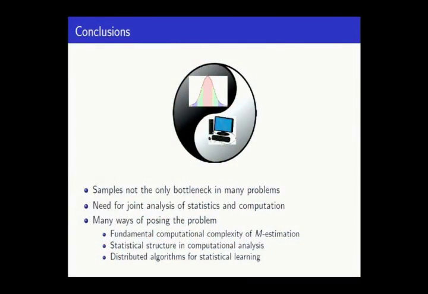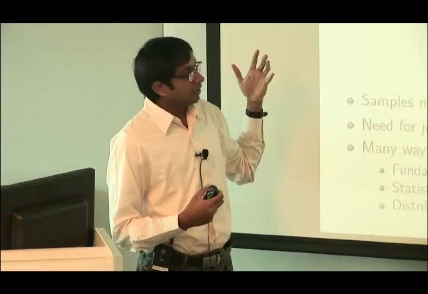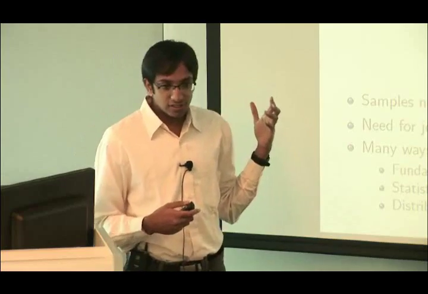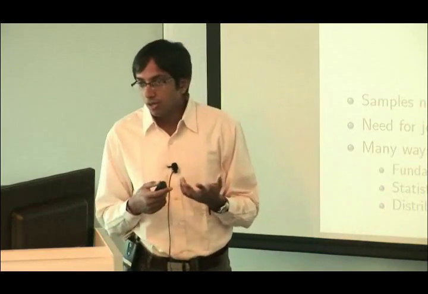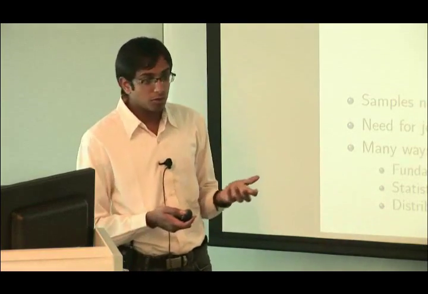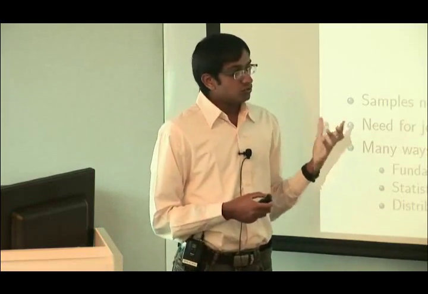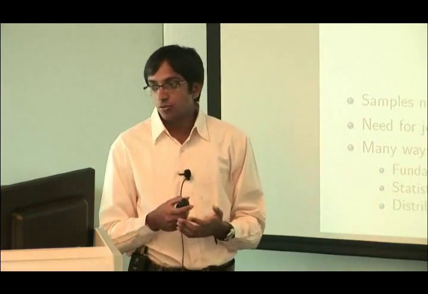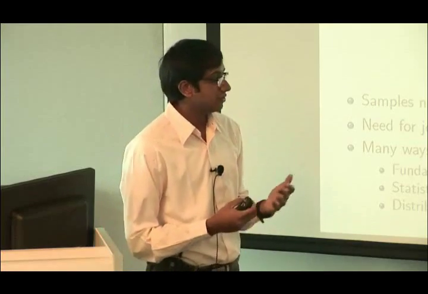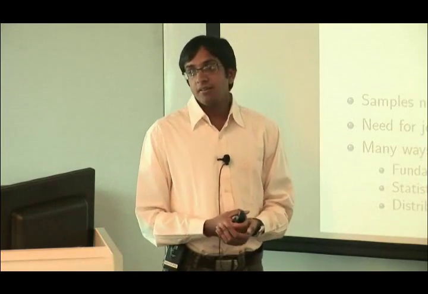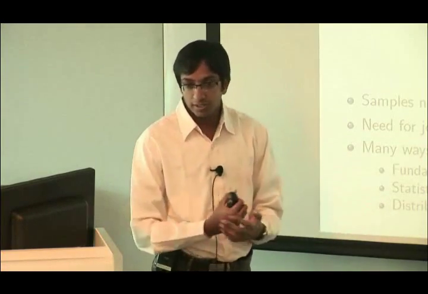Okay, so wrapping up, the message I hope I managed to convey is that in many modern statistical problems, data is not the only bottleneck. Computation can be an equally important bottleneck, and what's very fruitful for many of these problems is to attempt a joint analysis of their statistical and computational complexities rather than trying to understand them individually.